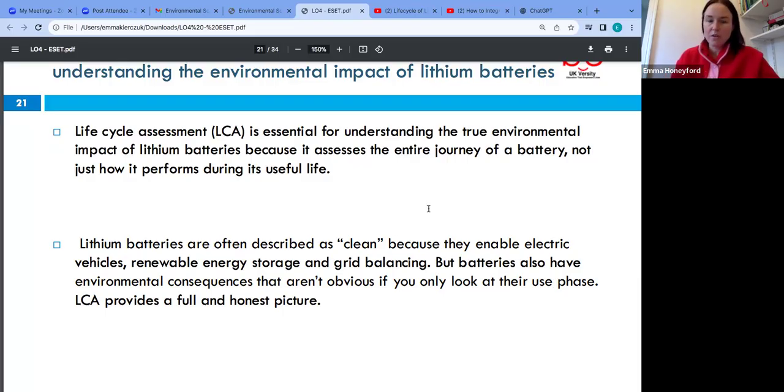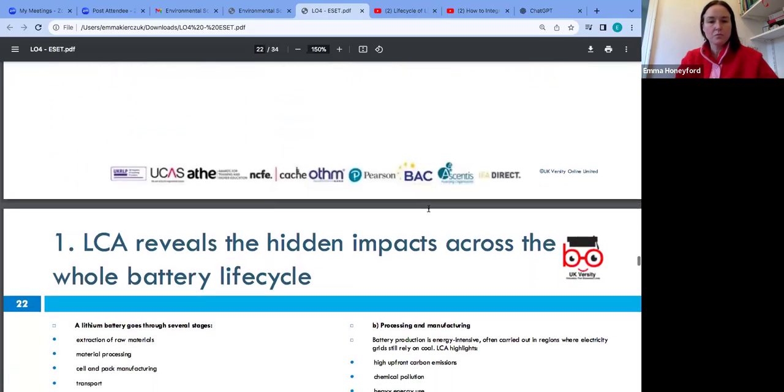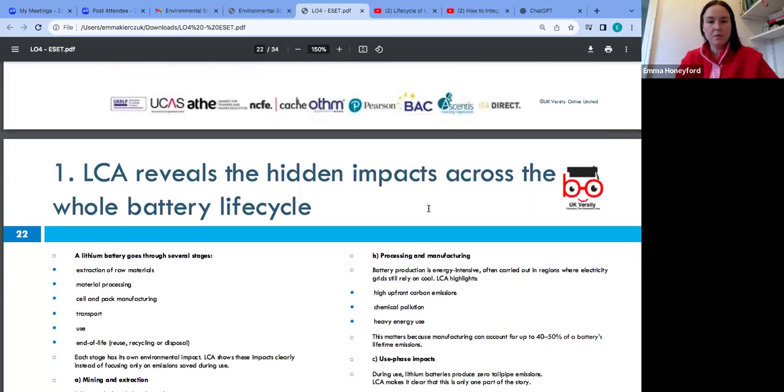But these batteries also have environmental consequences that aren't obvious, and you'd have to really use life cycle analysis to understand a full and honest picture of the environmental impact that you can't always see. So this is an example of an LCA, which does reveal the hidden impacts across the whole battery life cycle.